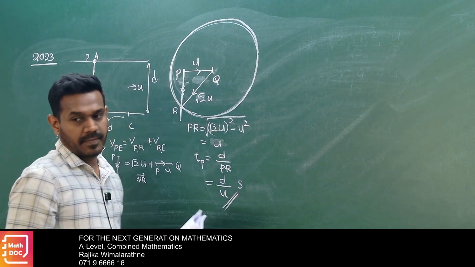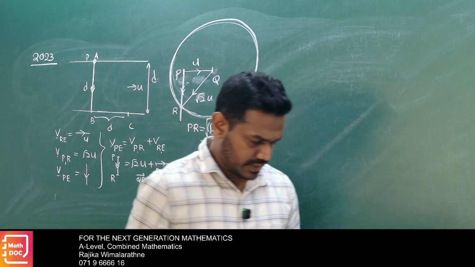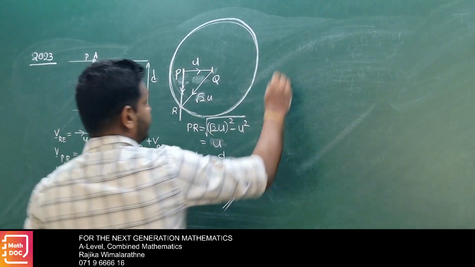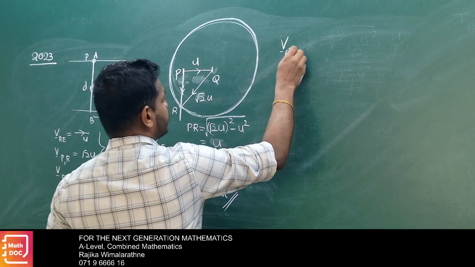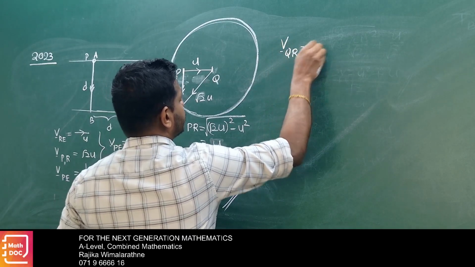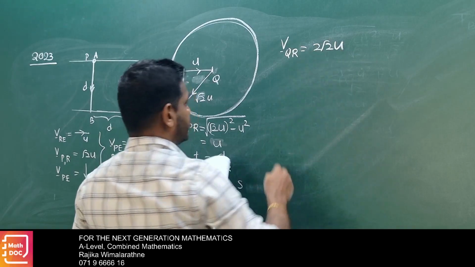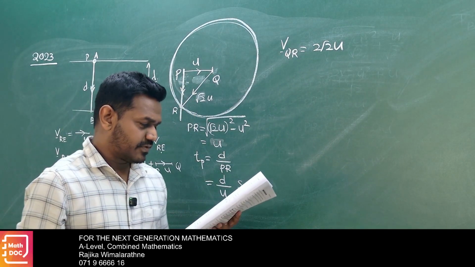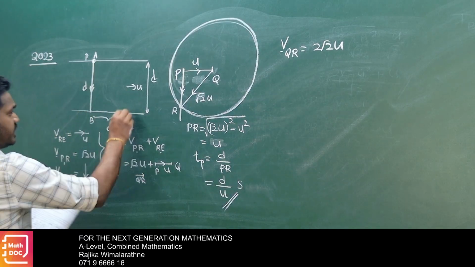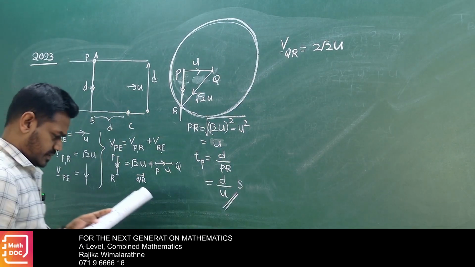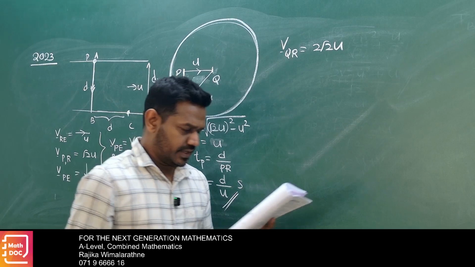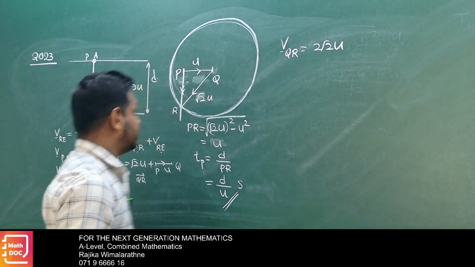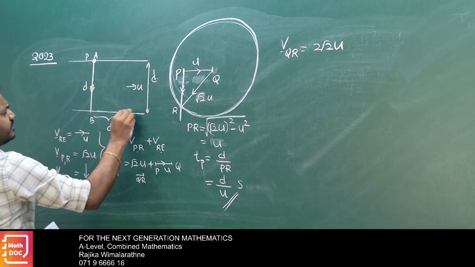Okay. Then the velocity of Q relative to water is 2 root 2u. He starts from point C, somewhere here, and is going to meet swimmer P. So P is here, Q is here.